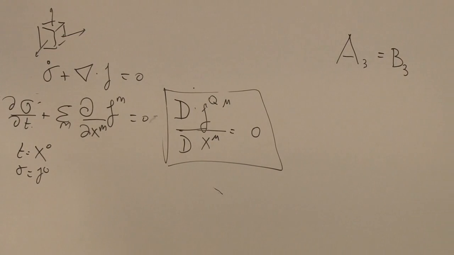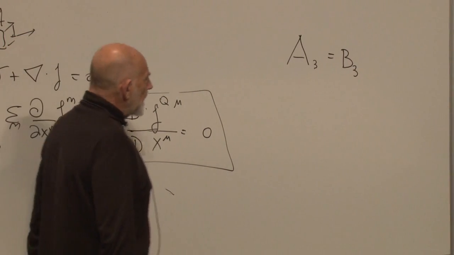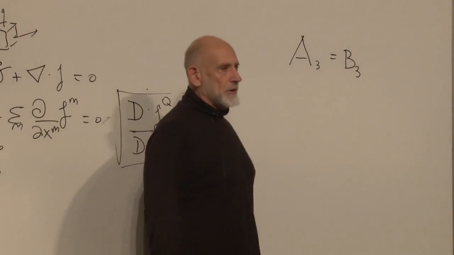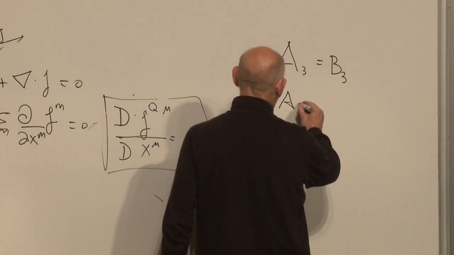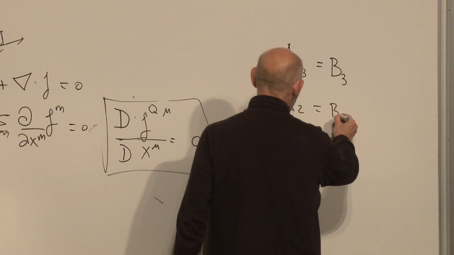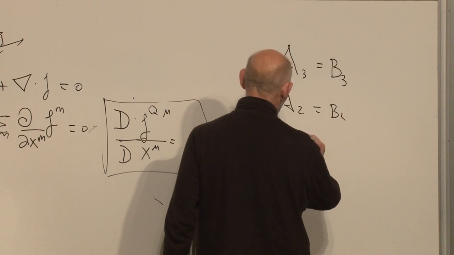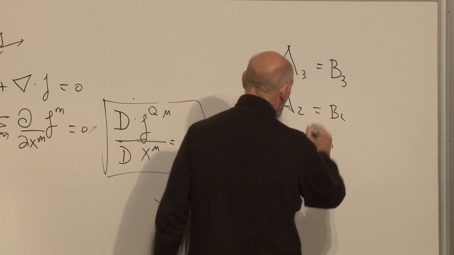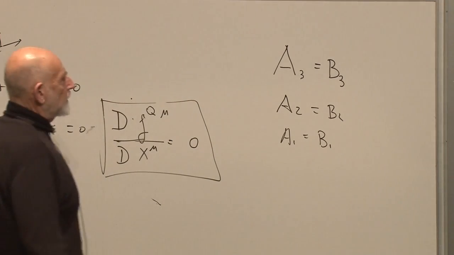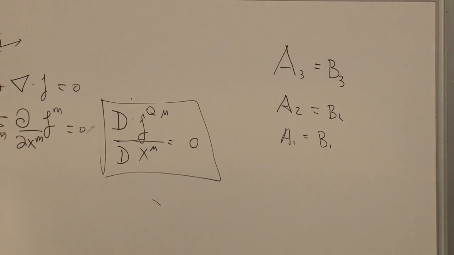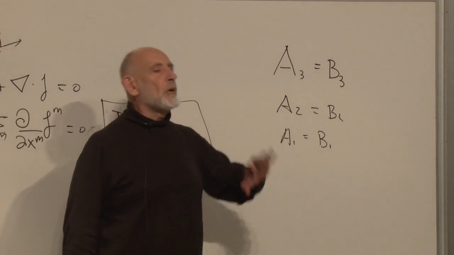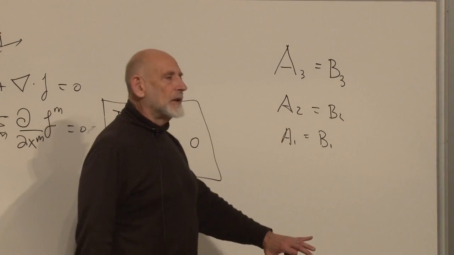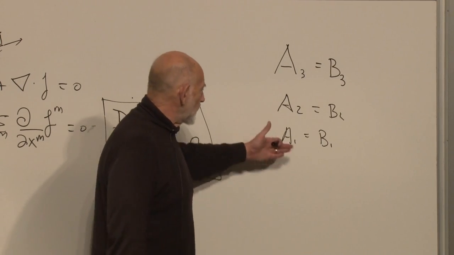Does that make sense as a law of physics? Well, it only makes sense as a law of physics if it is also true that A2 equals B2 and A1 equals B1. Why is that? Why can't you just have a law that says that the third component of a vector along the z-axis is equal to the third component of some other vector and not have that the other two components are equal?